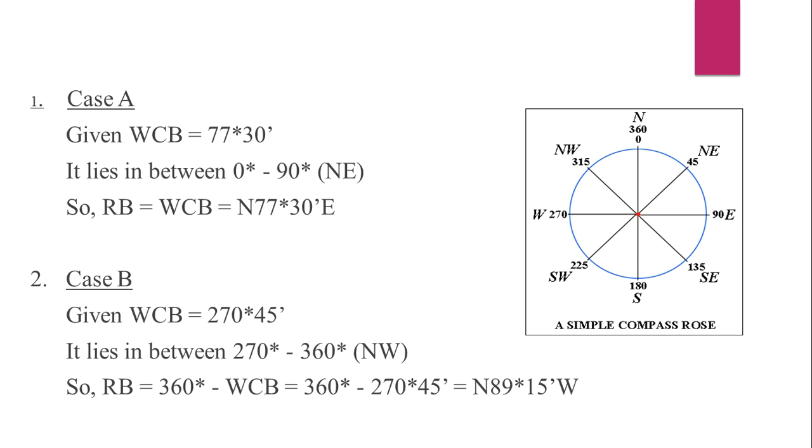Since it lies in between 270 degree to 360 degree, that is in the northwest quadrant, the reduced bearing becomes 360 degree minus the whole circle bearing, which is north 89 degree 15 minutes west.